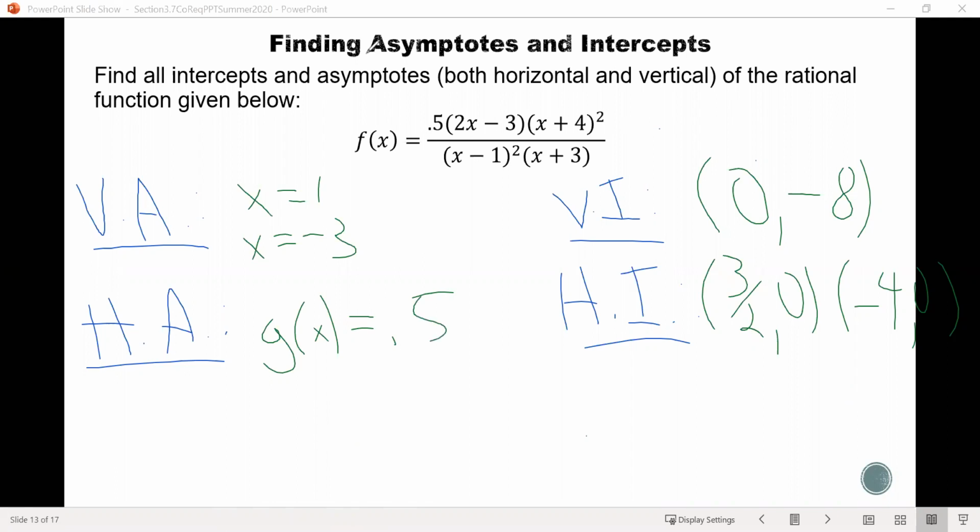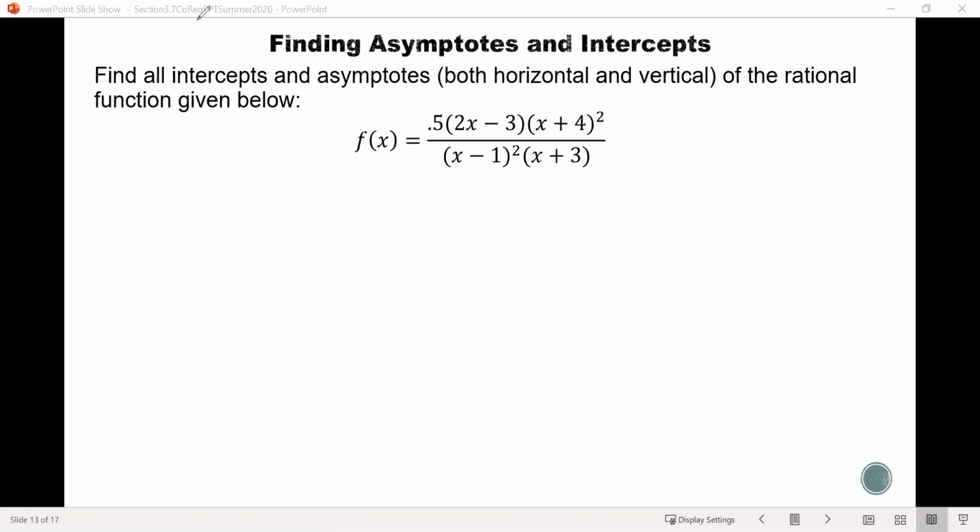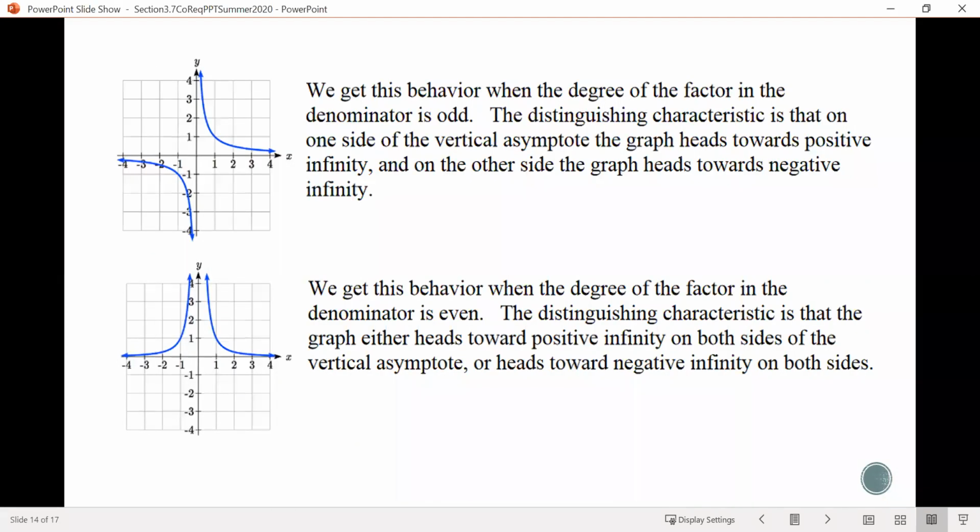Notice the 2x minus 3 is to the first power. The x plus 4 is to the second power. That may affect the shape of our graphs as well. We're ready to graph this now, but before we do, we need one more piece of information. This is about the behaviors of rational functions on each side of a vertical asymptote.